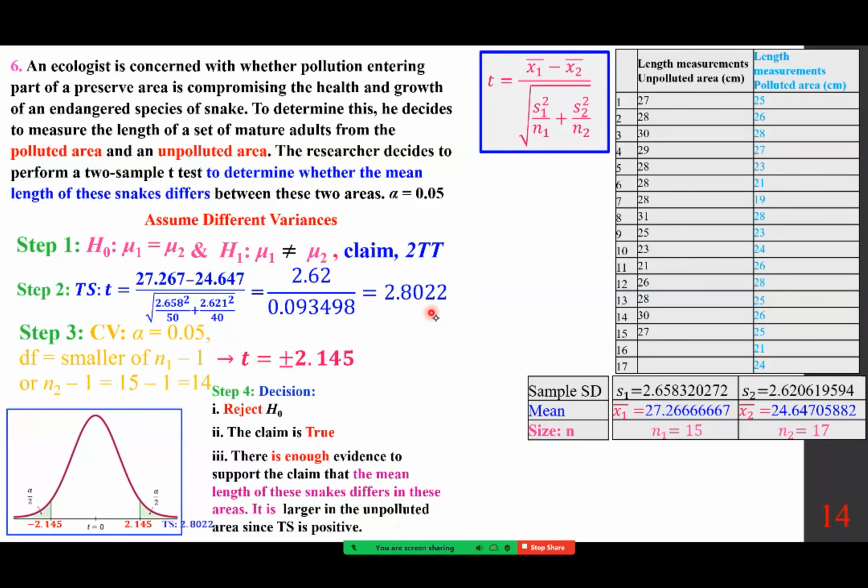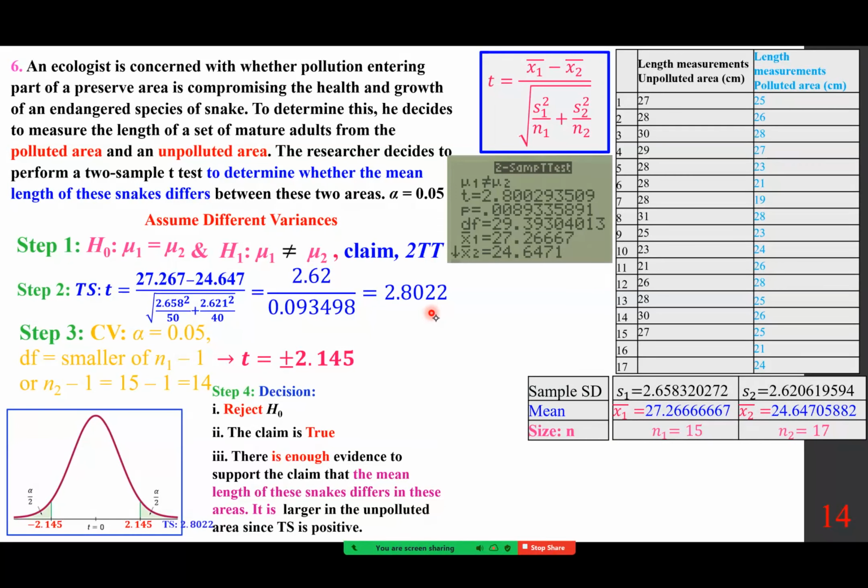Now, the calculator has a different take on that. Note the calculator uses different degrees of freedom. Remember, we use 14, but the degrees of freedom is 20.3930, whatever, and it is calculated using this formula, everybody. Now, if you want to go with the table, you have to round it to 29.